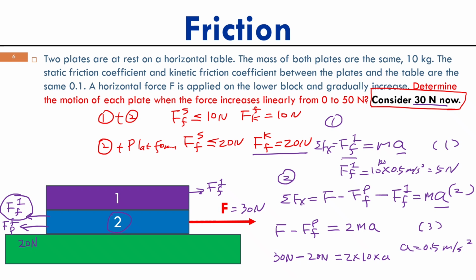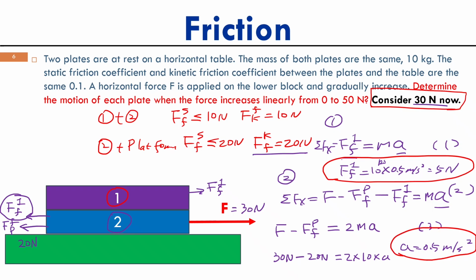So if I use a different color, in reality, if block 1 can give block 2 a 5 Newton friction force, then both of them can move with the same acceleration, 0.5 meter per second squared.